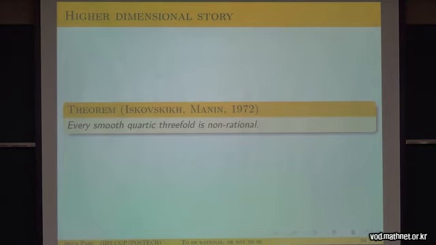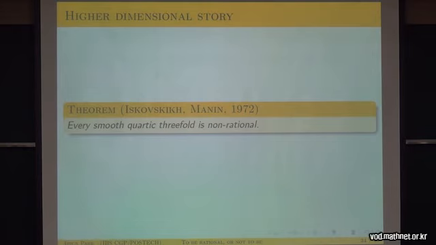And the smooth quartic threefold, which is the quartic hypersurface in P4, is non-rational. This was proven by Iskovskikh and Manin in the same year. The proof is very different from the cubic case, since the smooth quartic has Picard number 1. This is called the maximal singularity method.